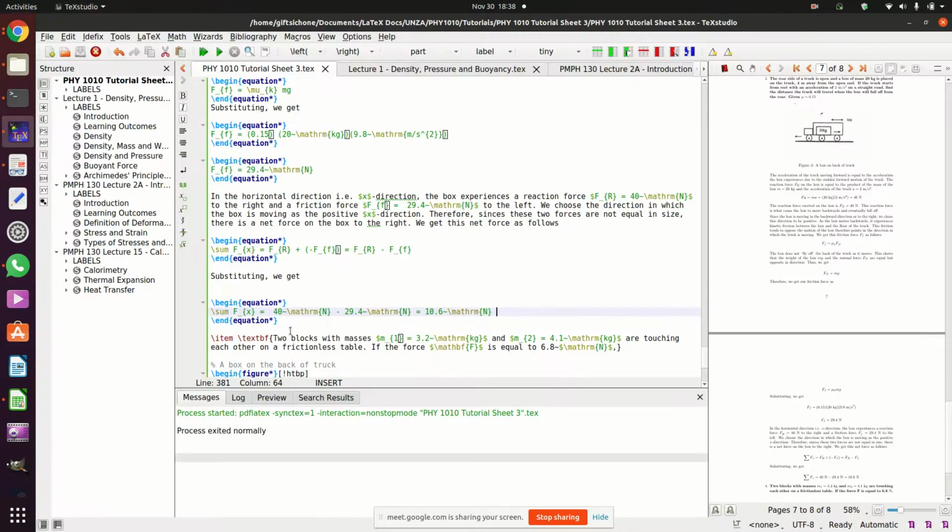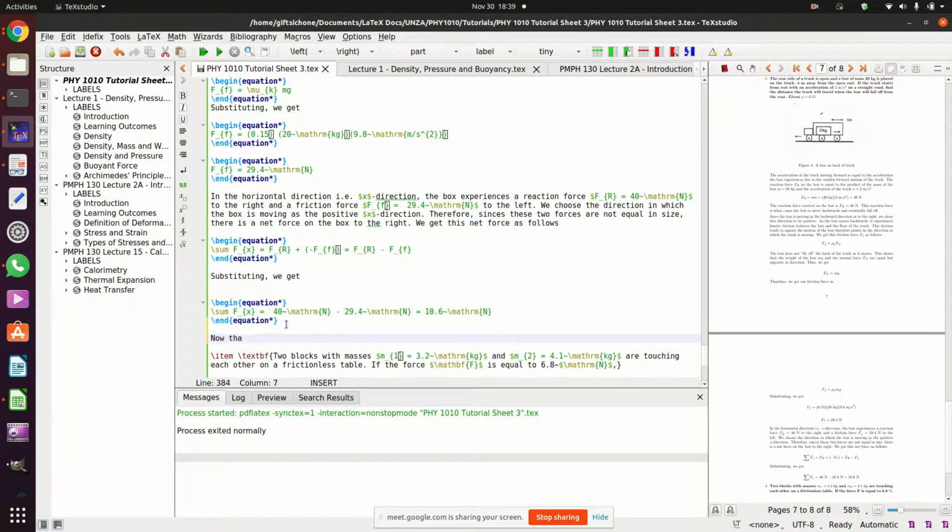So now that we have got the net force on the box in the x direction, we can apply Newton's second law of motion on the box.